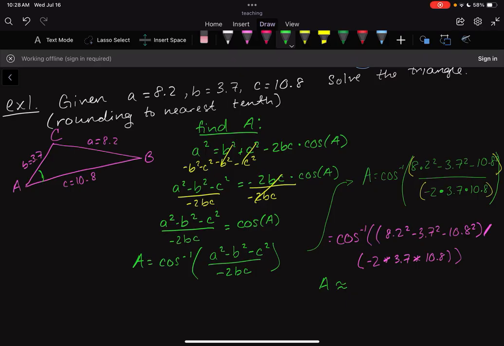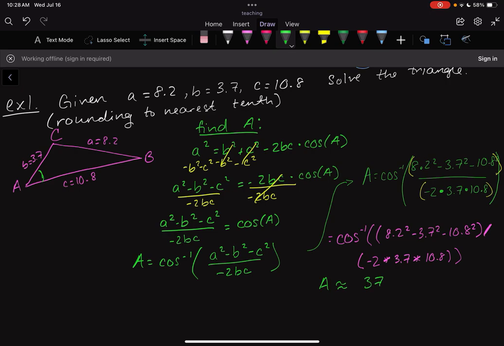So for my angle A here, let me go ahead and type it into my calculator and see what I get. Some common mistakes people can make in the calculator: parentheses.